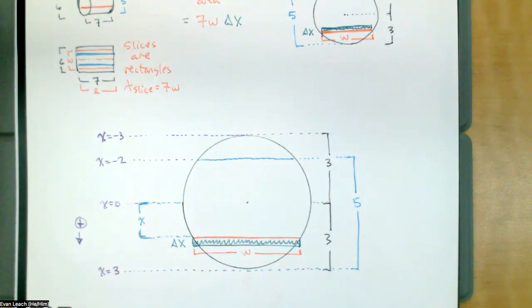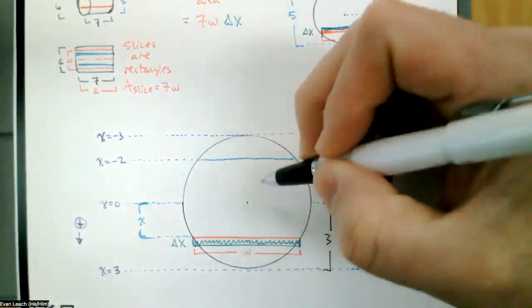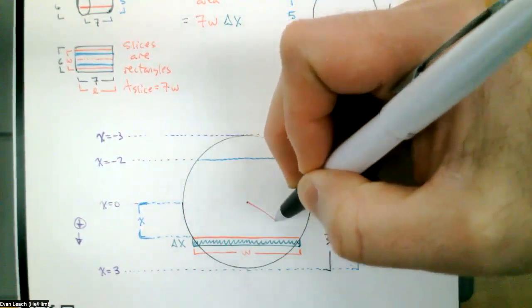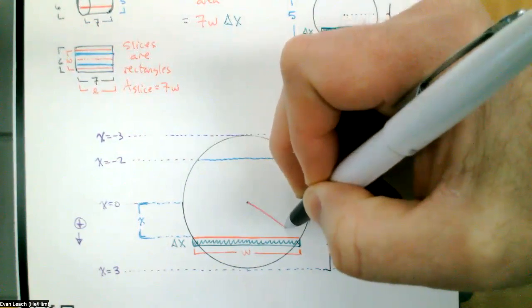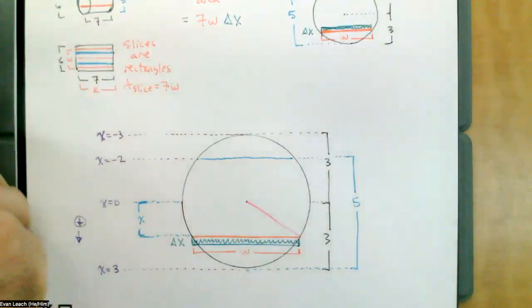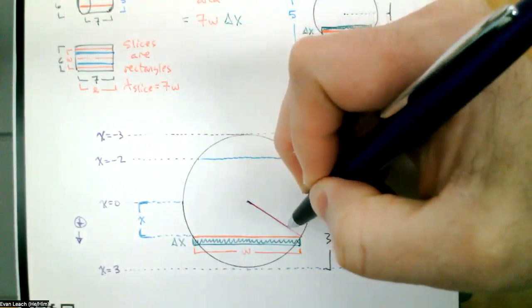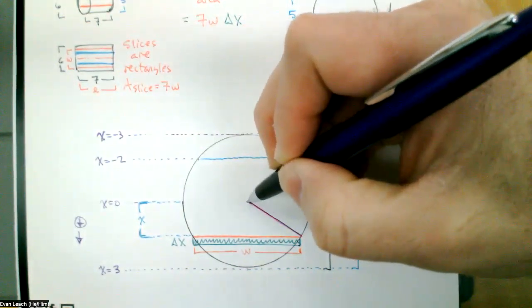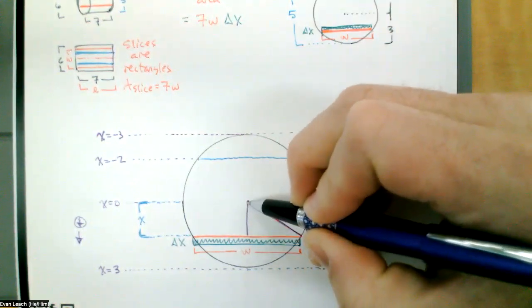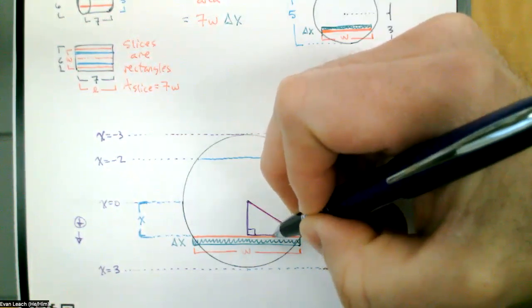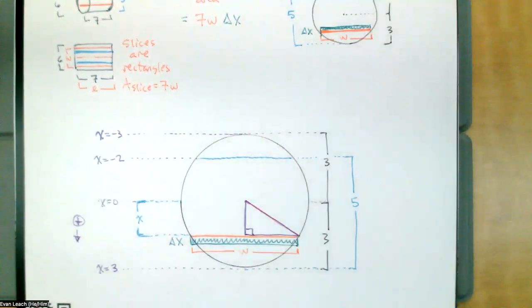Here's how we're going to get a relationship between X and W. I'm going to use the main thing that I have, that the side of the tank looks like a circle. And I'm going to grab this right triangle.